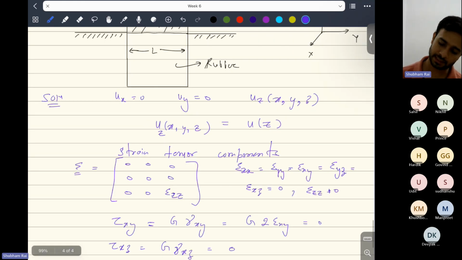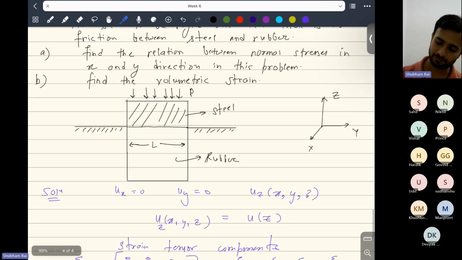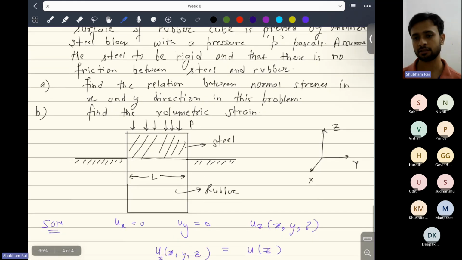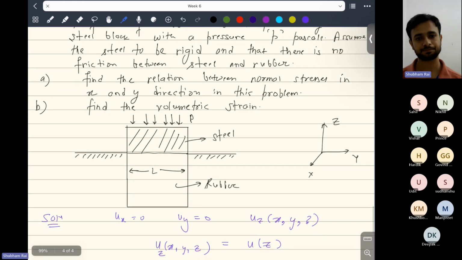These shear stress components are zero. And we can also say that sigma xx will be equal to sigma yy because there is a symmetry. In the x and y directions you have the same boundary conditions, and you do not have any external traction in the x and y directions.